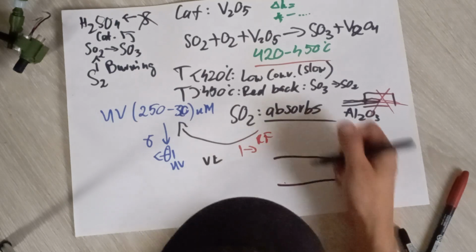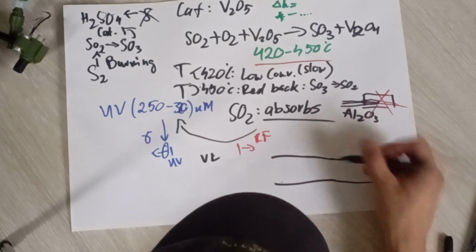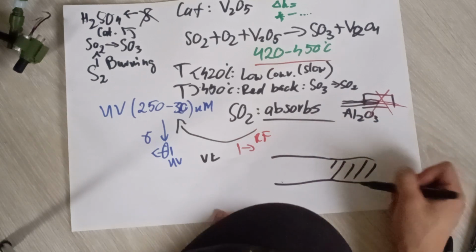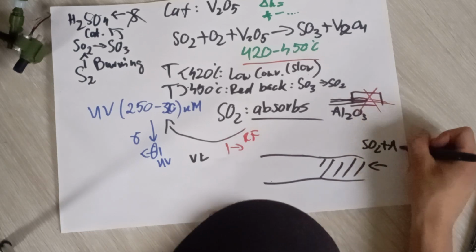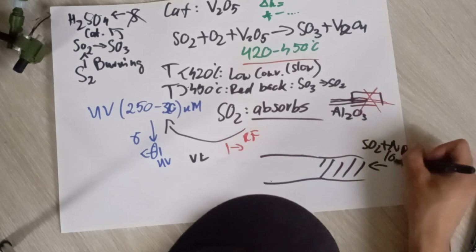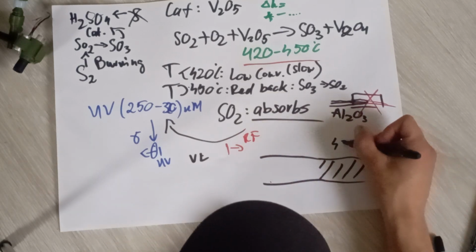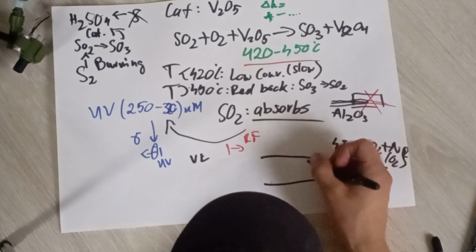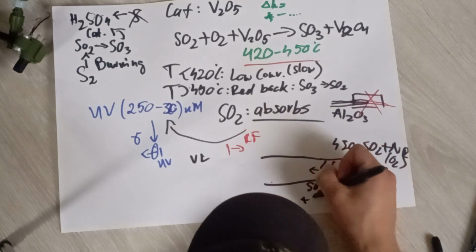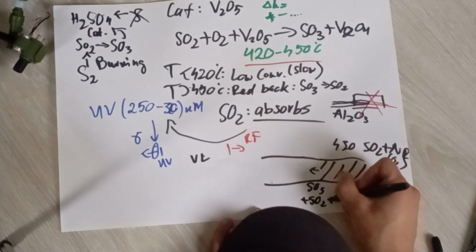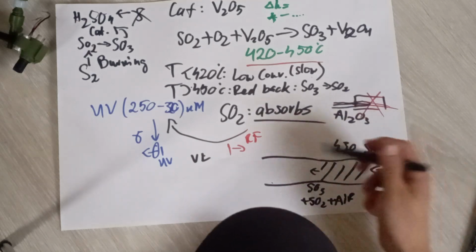catalyst material, let's say here we have the catalyst material, here comes in the SO2 plus the air which contains O2. This reacts here at, let's say, 430, and here SO3 exits, SO3 plus SO2 plus air, because we can't convert it all in one stage.